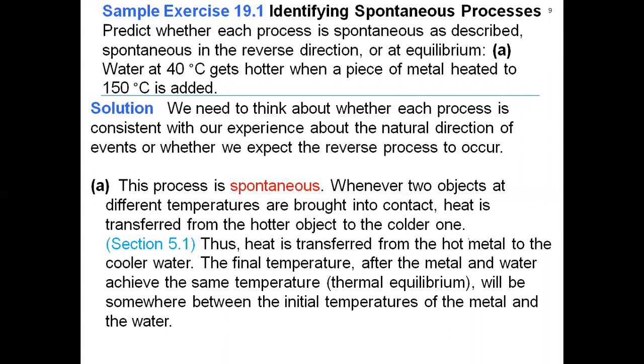Whenever two objects at different temperatures are brought into contact, heat is transferred from the hot object to the cold one. That is in section 5.1. Therefore, heat is transferred from the hot metal to the cooler water. The final temperature after the metal and water achieve the same temperature, which we call thermal equilibrium, is somewhere between the initial temperatures of the metal and water.